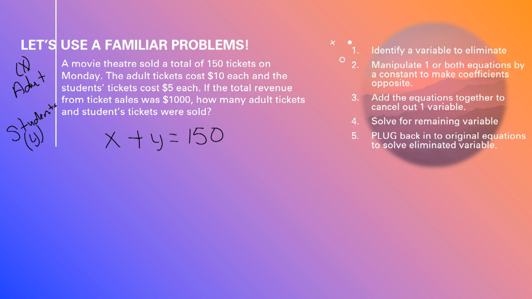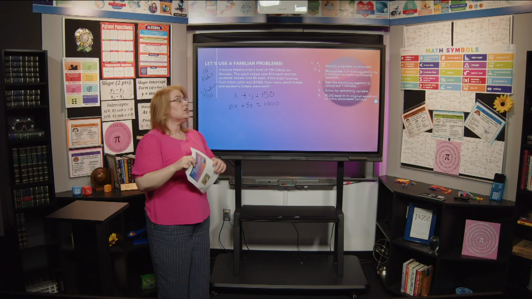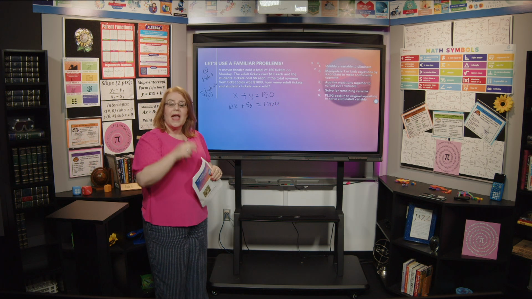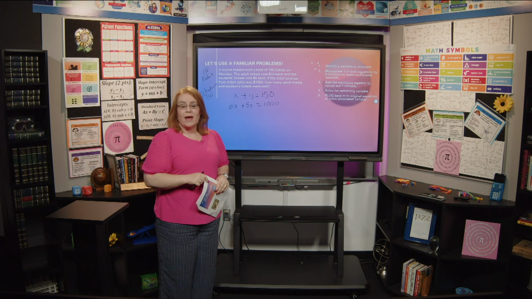And then it told us about our revenue. Okay, our revenue was $1,000, and the way we got that was our adult tickets was $10 each, and our student tickets was $5 each. Now that I've got my two equations, I need to go ahead and look to see how I can use these different steps and eliminate one of my equations.